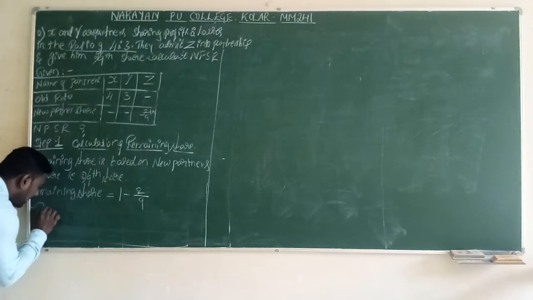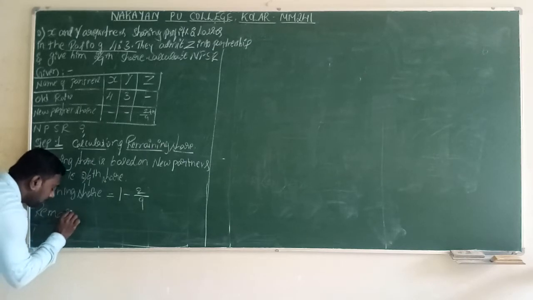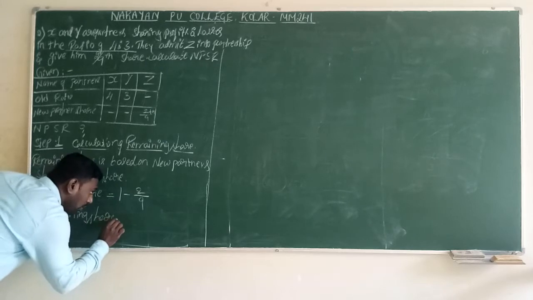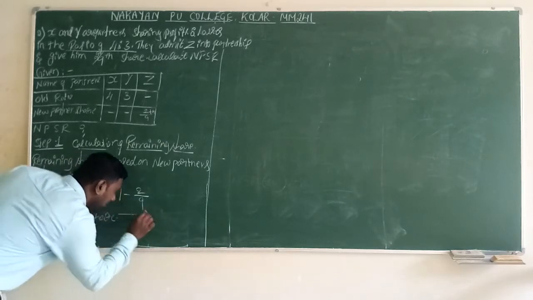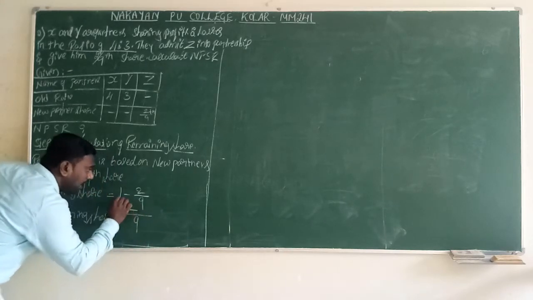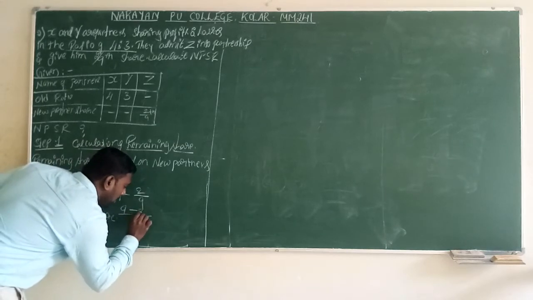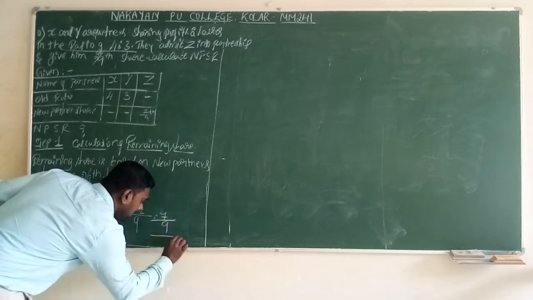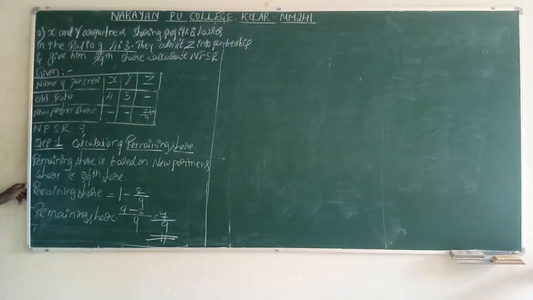Taking 9 as a base, 9 ones are 9, minus 1 twos are 2, that is 7 divided by 9. That is the remaining share. Step number 1.